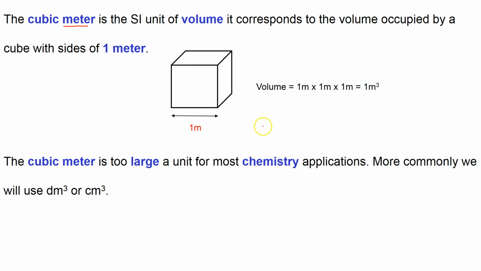And that's way, way more than what we're ever going to be dealing with in the general chemistry lab. Typically, we're going to be dealing with stuff that is kind of like 1 decimeter by 1 decimeter by 1 decimeter, or perhaps 1 centimeter by 1 centimeter by 1 centimeter. So yeah, a cubic meter is a lot of stuff.